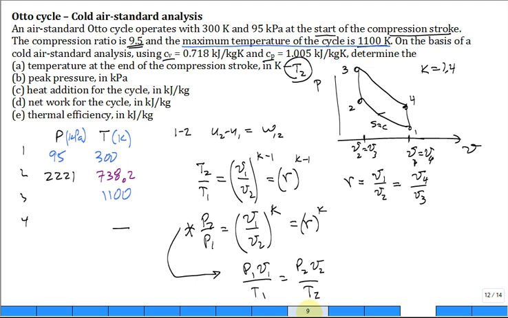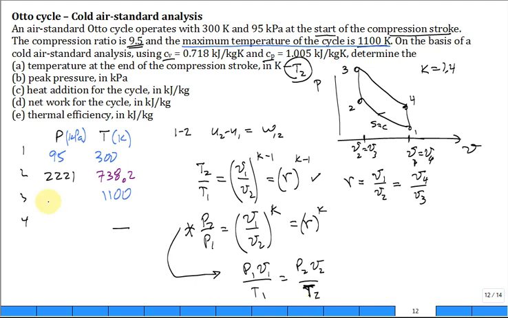Okay? Well, we already used entropy to get T2. And so using T2 from the entropy calc, this will work as well. They're all, that's right.